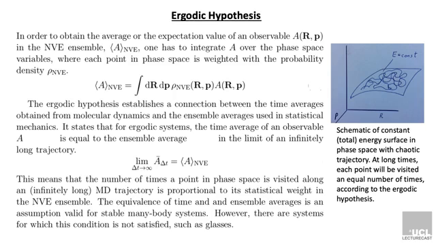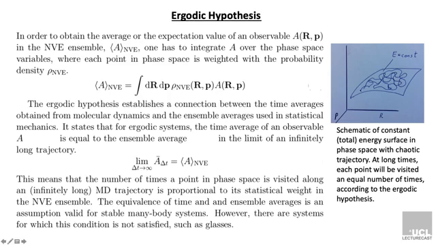So this means that when you do a molecular dynamics trajectory as we have discussed it, solving Newton's equation of motion automatically produces a trajectory with a total constant energy.